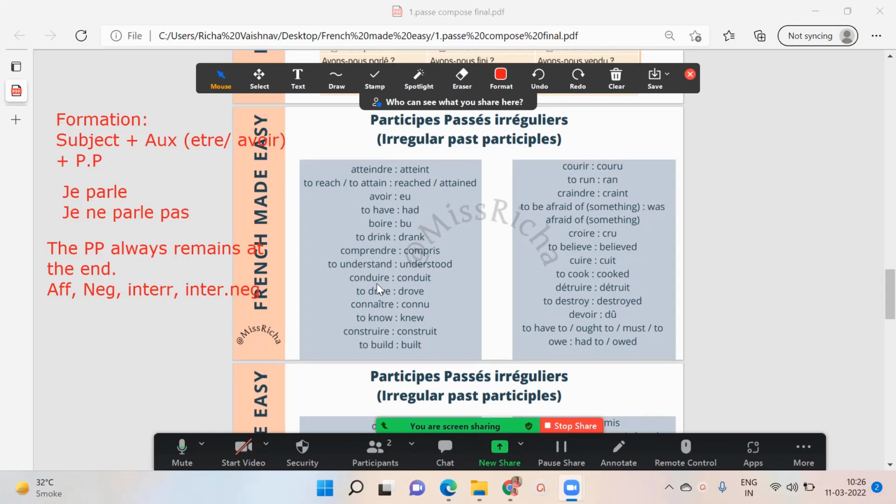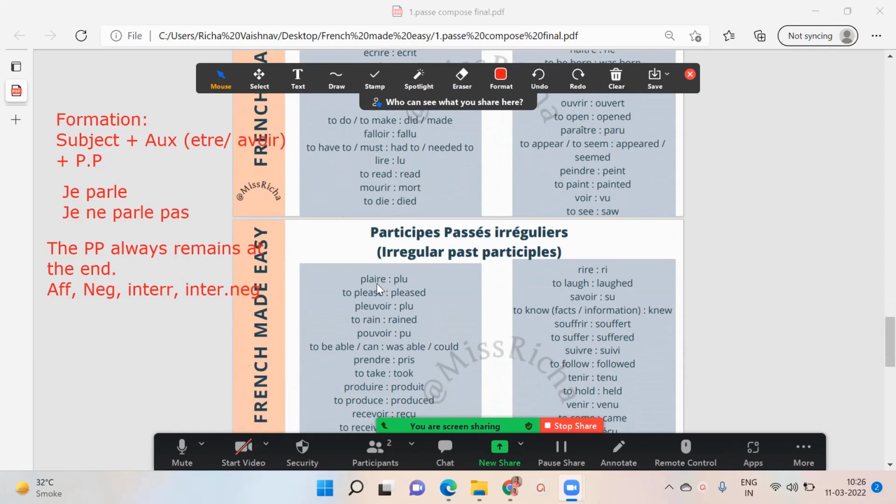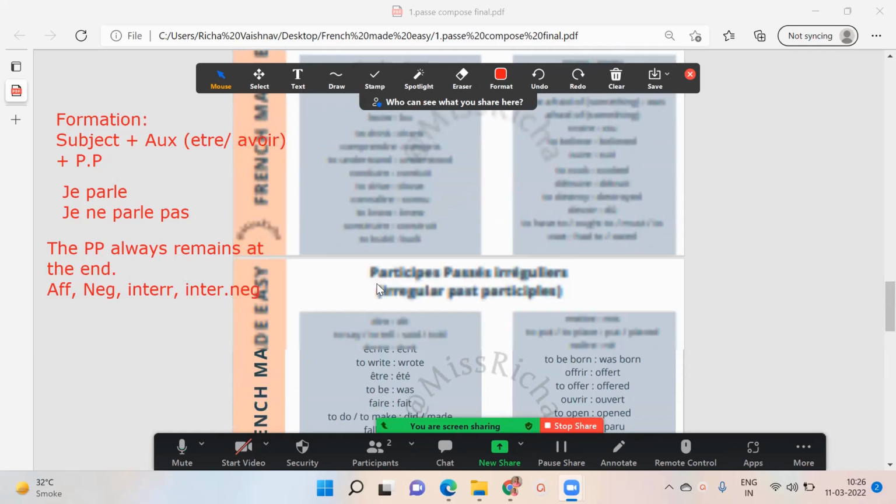Okay, coming to the past participles of the irregular verbs. Irregular verbs' past participles do not follow any specific pattern. So these participles are to be learnt by heart. I have given you the list of these irregular verbs, which are used widely in the language.